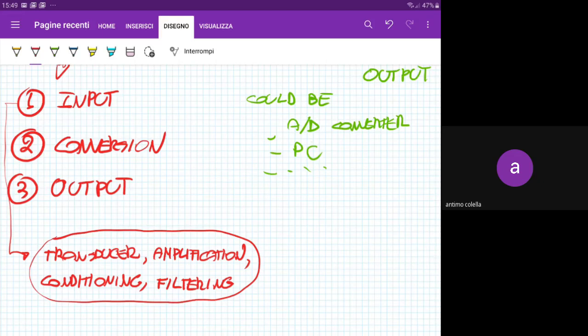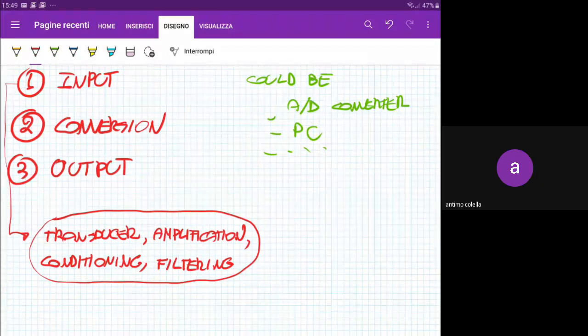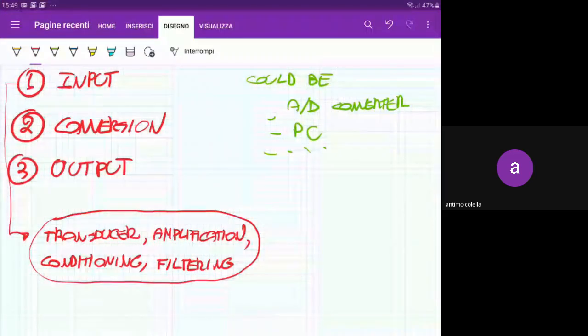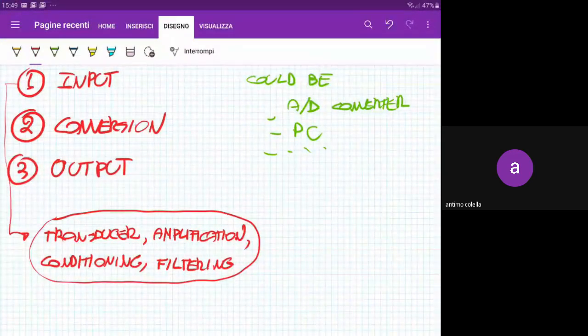Most of the times you have to have this. Sometimes transducers have onboard part of the amplification, part of the conditioning, sometimes they do not, and your data acquisition system provides it for them.